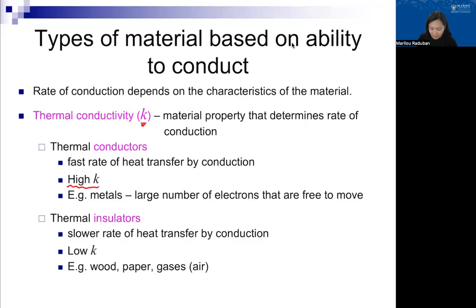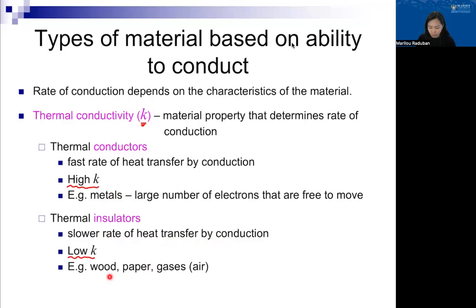On the other hand, insulators have a small value for thermal conductivity. So the smaller the value for k, the slower the object heats up. And that's because heat is transferred more slowly via conduction.